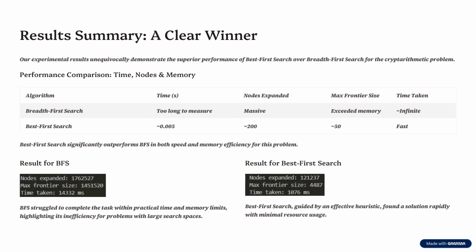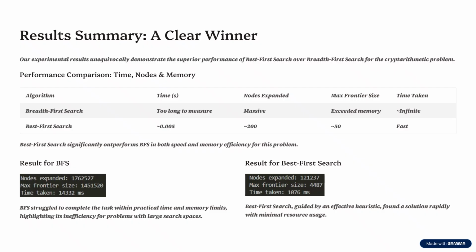The best first search took around 0.005 seconds, 200 nodes were expanded, the max frontier size was around 50, and the time taken was comparatively way faster than breadth first search. So best first search significantly outperforms BFS in both speed and memory efficiency for this problem.